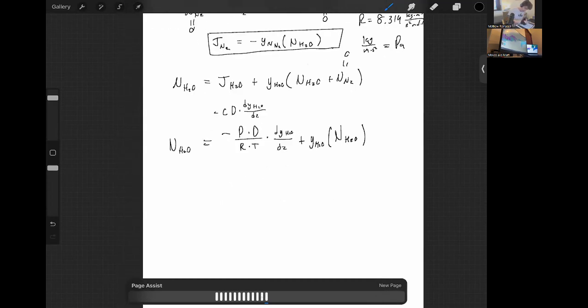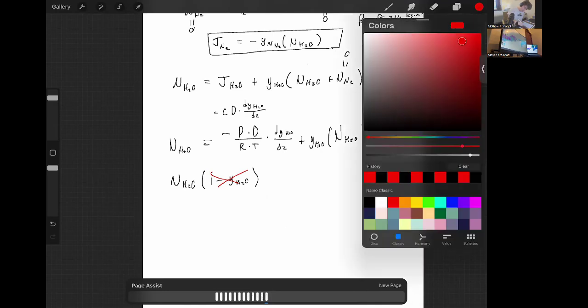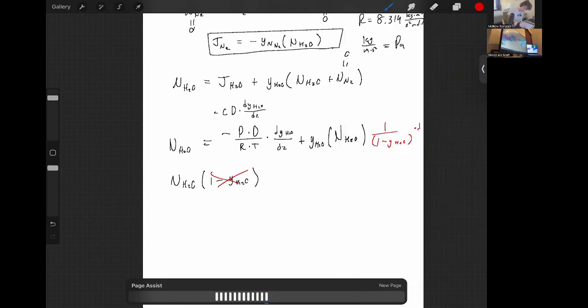So if we separate them, we get something like the net molar flux of H2O. We're going to move this over to the left side, and when we do that, we get 1 minus the molar fraction of H2O. And then we can divide the left side by this. So just to keep track, we have 1 over the molar fraction of H2O. And then we can also multiply both sides by dz to get rid of it on this side and move it over there.